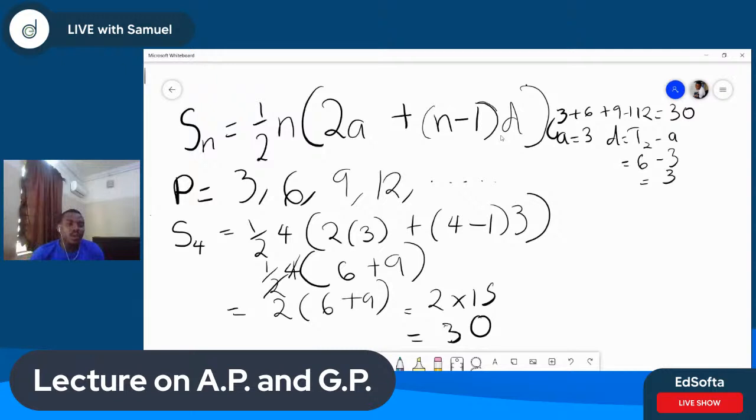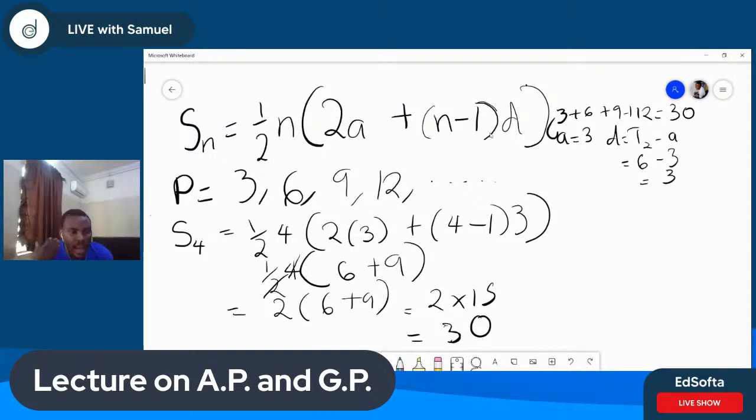Now we can't go all the way doing 3, 6, 9, 12, 15, 18, 21 until we get to the 30th element. That's a long shot. When we can just use our formula to find the sum easily.